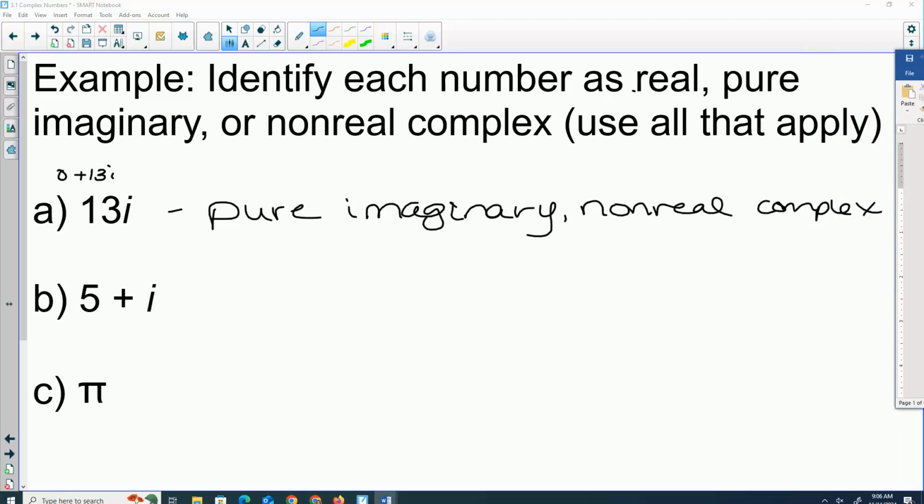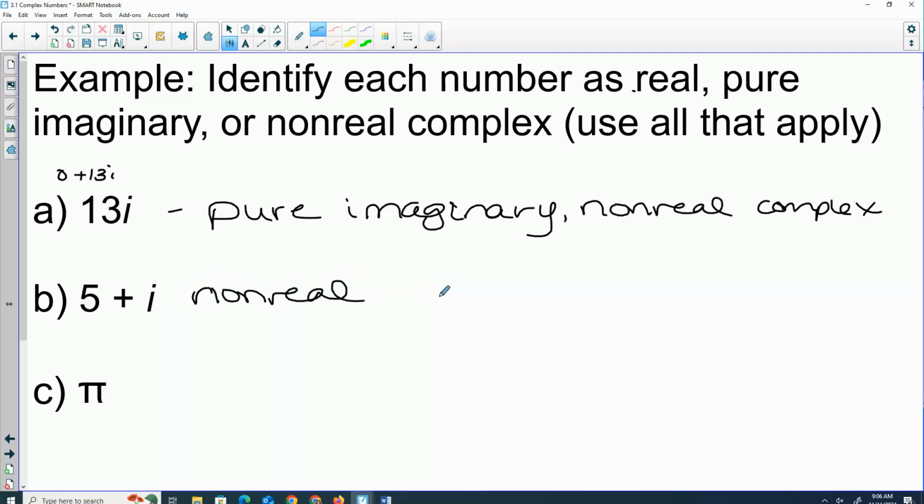No. So what's this one going to be? Okay, if I give you pi, pi is just a number. Does it have an i with it? No, so it's not imaginary. What is this? Real. It's in a 3.14.